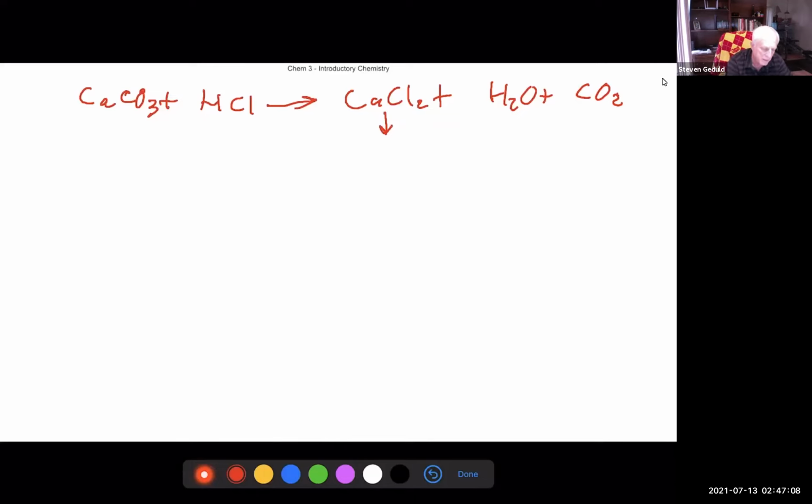Okay. How many grams of calcium chloride will be produced? Okay, so you want to know how many grams. Again, write it so it's all in front of you. When 30 grams of calcium carbonate is combined with 13 grams of hydrochloric acid.